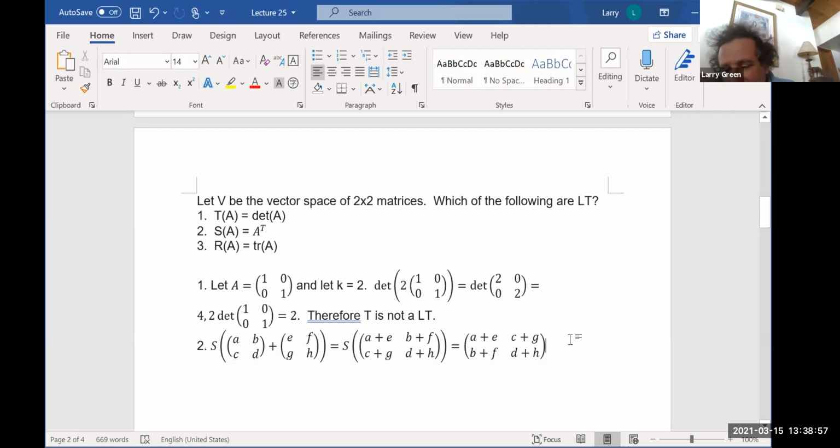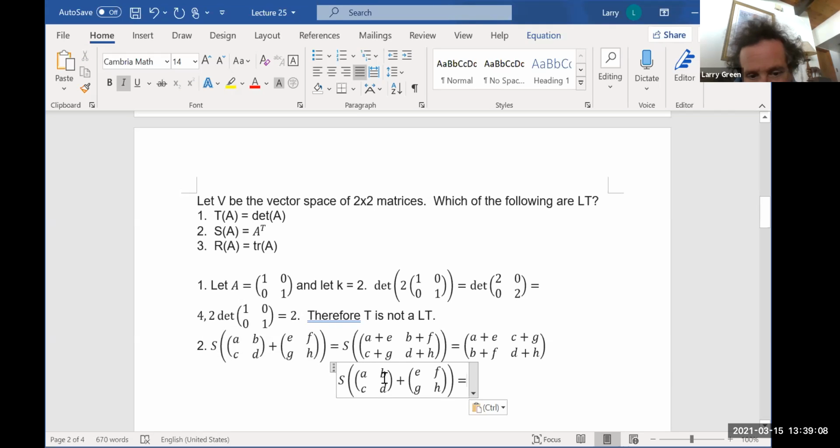Now what we have to do is say, well, what is S of the first plus S of the second? I think I want to do it this way. So S of the first plus S of the second. So let's go and do it.